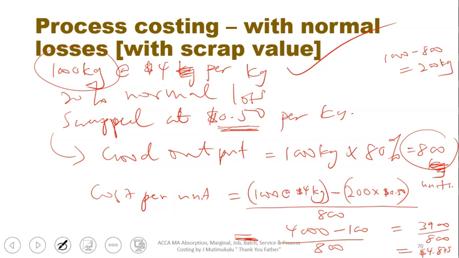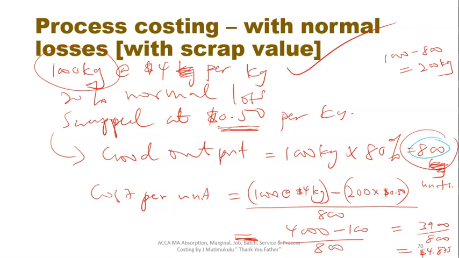Let us go back to this particular example again, where according to our computations, we determined that the good units were supposed to be 800 units, as you can see here. All right, the good units, after factoring in the normal loss, became 800 units.